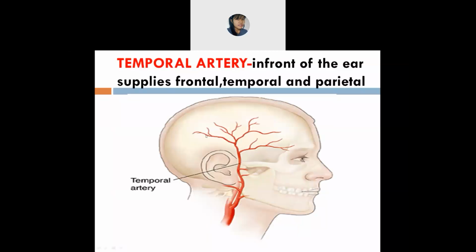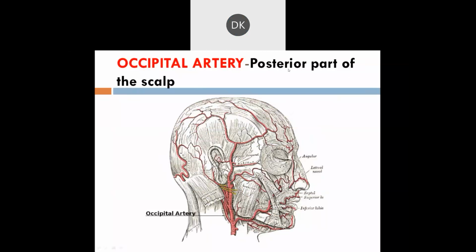Okay, so this is the answer. This is the temporal artery, and you will find it right in front of the ear. So this is your ear, and where do they supply? They supply in the frontal part, means here, front, temporal is here, and parietal. So in all these areas, they go and supply. That is the temporal artery. And in the temporal artery, you will also be able to feel your pulse, right here. Is it clear now? Yes, ma'am. Okay, good.